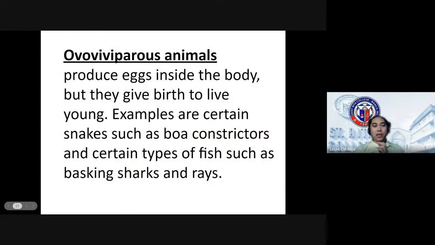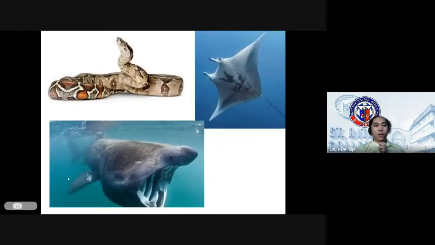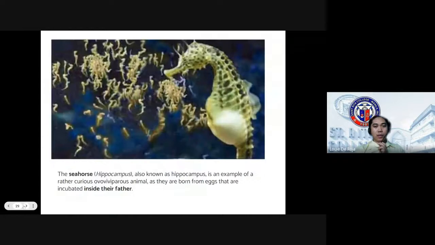Ito naman, nag-produce sila ng egg, pero nandun lang yung egg. At ilalabas lang nila kapag ready na or fully developed na yung fertilized egg. For example, sharks, boa constrictor, ray. Okay. Seahorse.